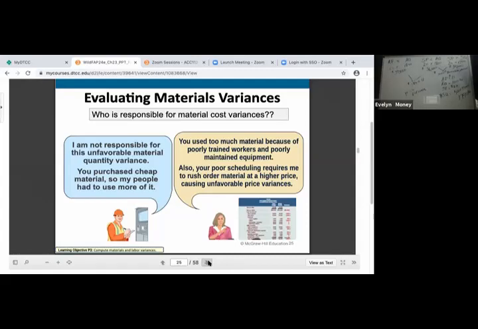And it's easier for me to be able to tell who is responsible when I have things from the perspective of price versus quantity. So you'll have one person in one department saying, it was the price variance. That's the real reason for the materials variance here. We ended up paying too much because they didn't put my order in on time.